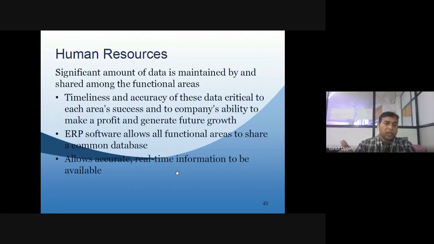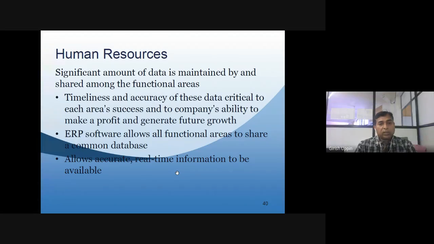Immediately that information is available to the supply chain management, to the marketing and sales functional area, as well as to the customer, as well as to the accounting and finance department people. So any time they want to generate any kind of data, they can do so.